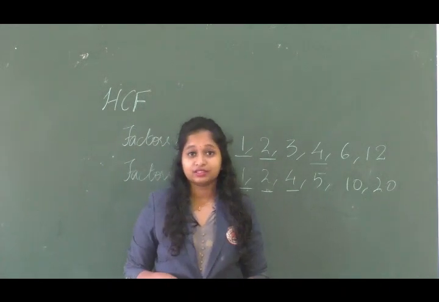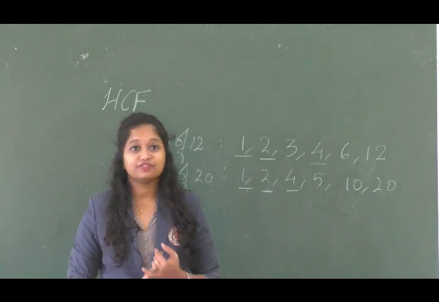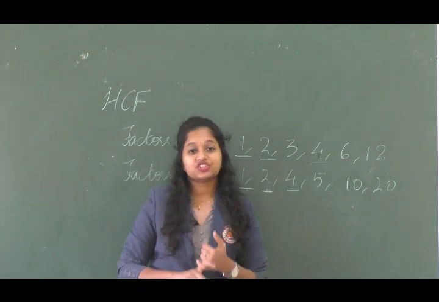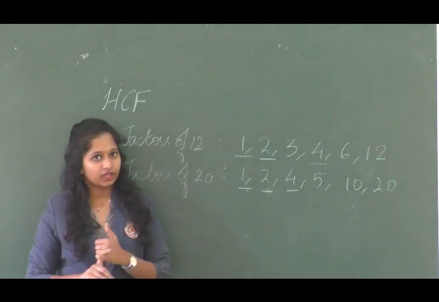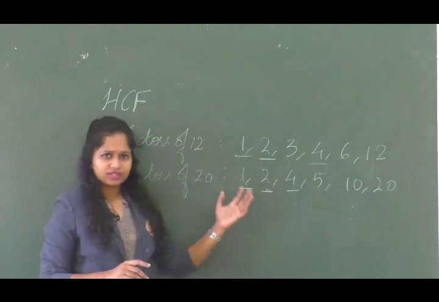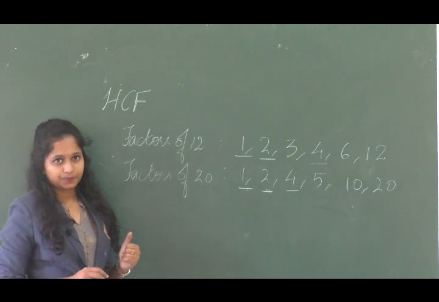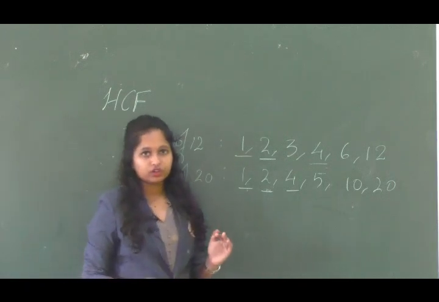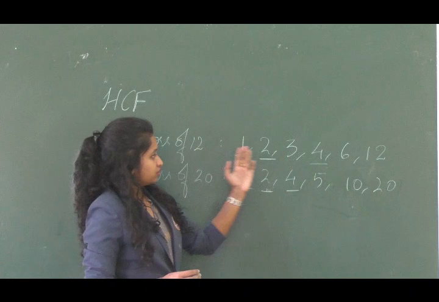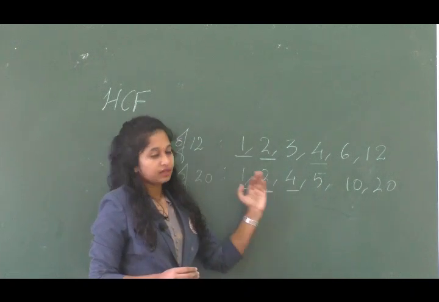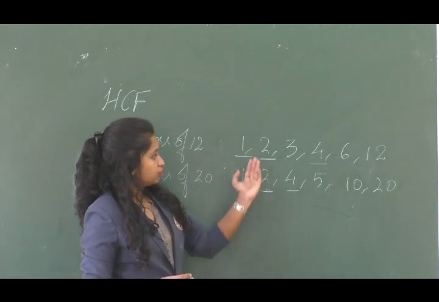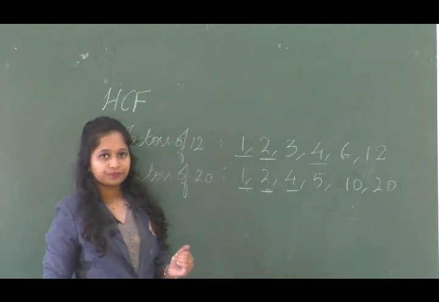Now let's learn highest common factor, that is HCF. Okay? So I have the same example here, factors of 12 and 20. We already got the factors as this and the common factors were 1, 2 and 4.